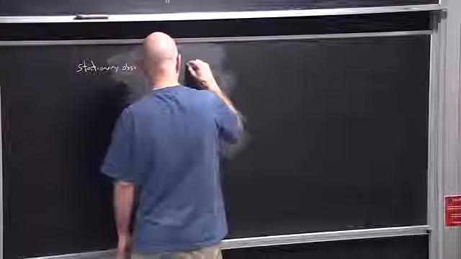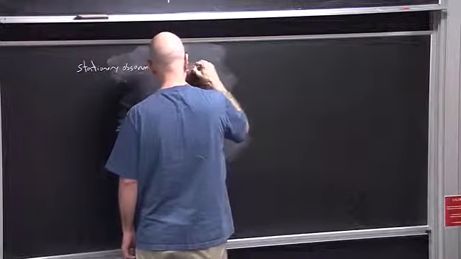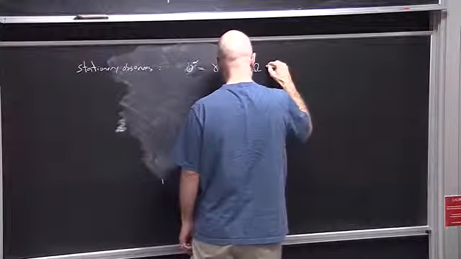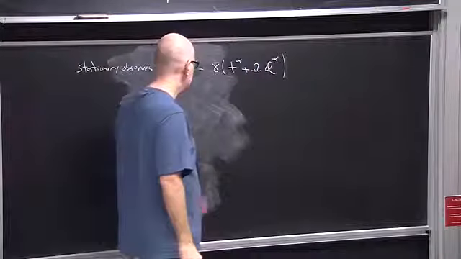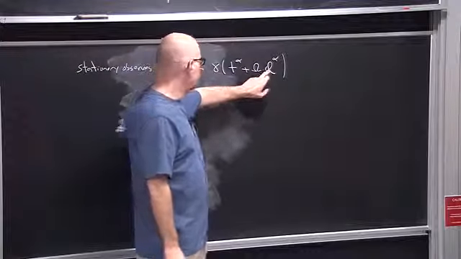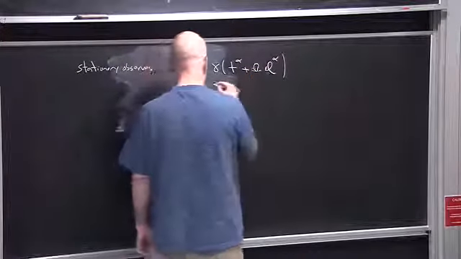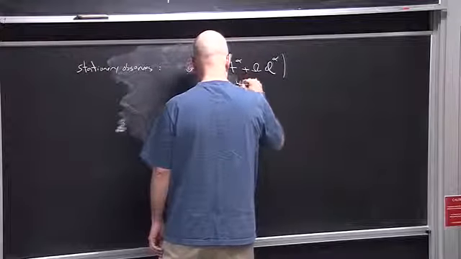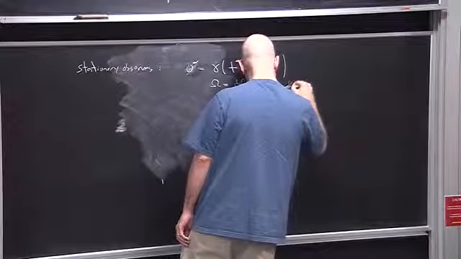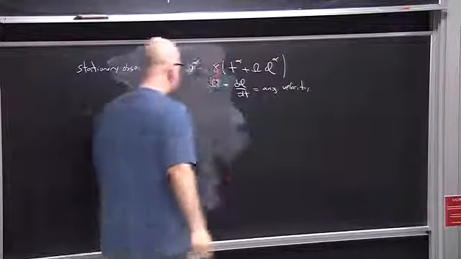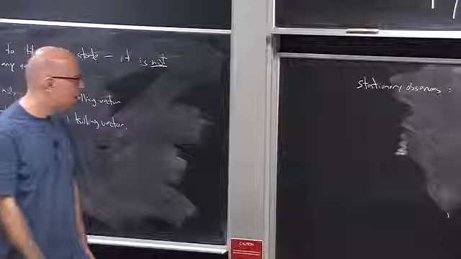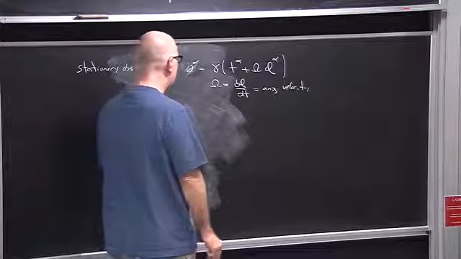A stationary observer will have a four-velocity that's going to be a normalized version of this vector over here, which is just a statement that you're moving in a time direction because you have no choice, but you're also moving in the angular direction, and the omega in front is basically just d phi dt. It's the angular velocity. So that's what I mean by stationary observer, an observer that has a constant angular velocity feeling the drag of the black hole.